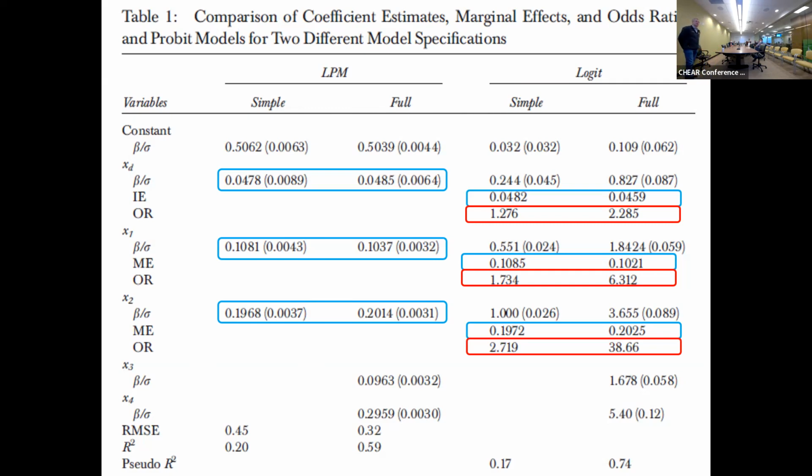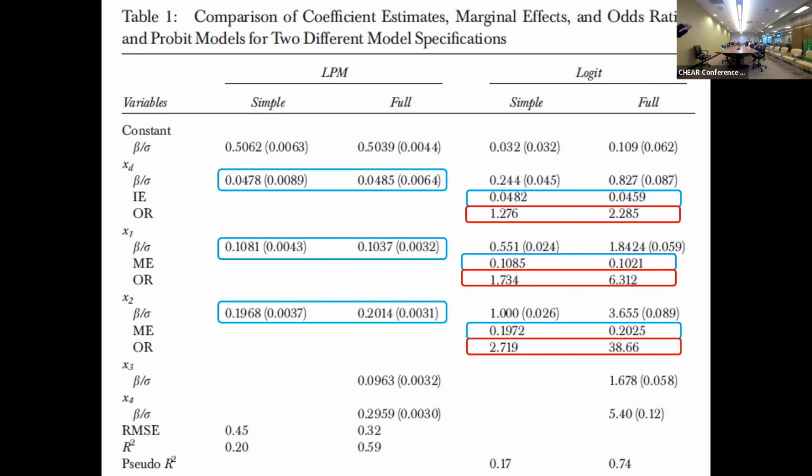So partly it's a matter of religion. There are people for whom, if you have a binary outcome, this makes no sense. You cannot do this because you might get predicted probabilities that are negative, and that often happens, or greater than 1, which makes no sense theoretically.